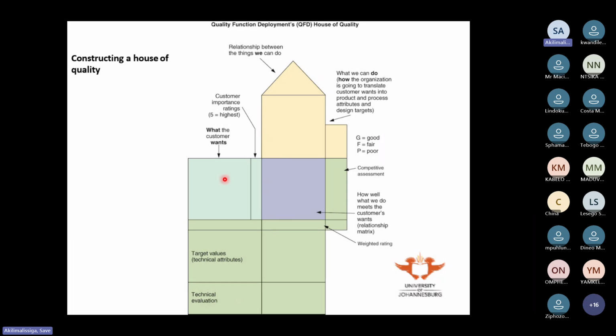So customer desires are acquired from a market analysis, right? Interviews, market surveys, asking questions based on the product that the company is designing. And then from there, you're going to collect that information. And that information will be inserted in the house of quality right here. And this is what you call the customer want. Now, here, you're also going to rate the customer want.